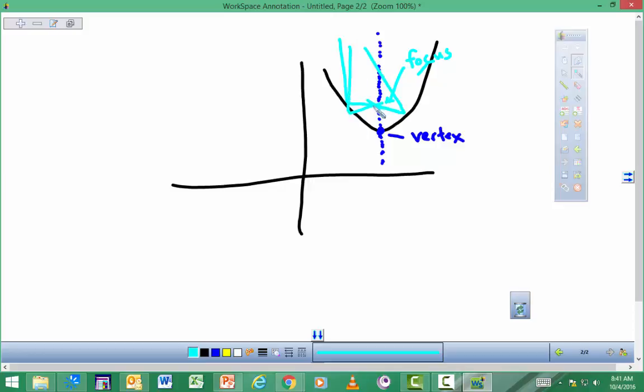And that's why it's called a focus point. Another amusing thing is that if this is a light bulb placed at the focus point, then all the rays that bounce off the mirror would go parallel. Doesn't matter how it goes, hits here, it goes parallel. All of these light rays would go parallel.